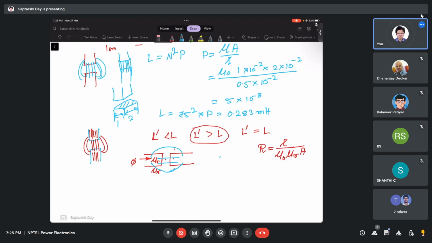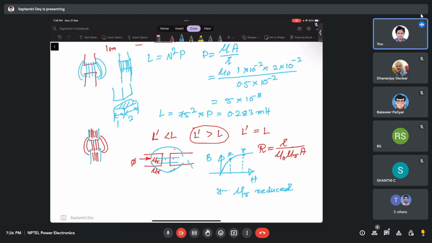Now suppose you are operating at or near saturation, or maybe beyond saturation, maybe at say point X or point Y. Suppose at point Y you are operating. At that moment, the mu r of the iron or whatever magnetic material you have taken has reduced a lot.